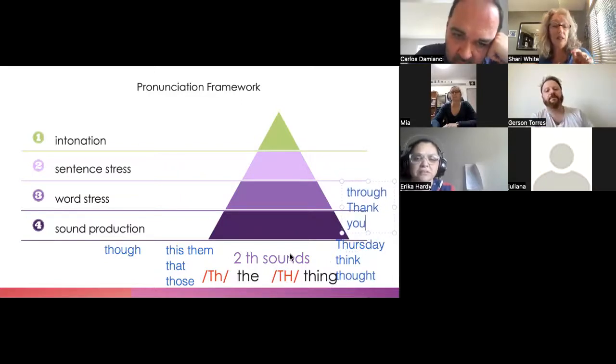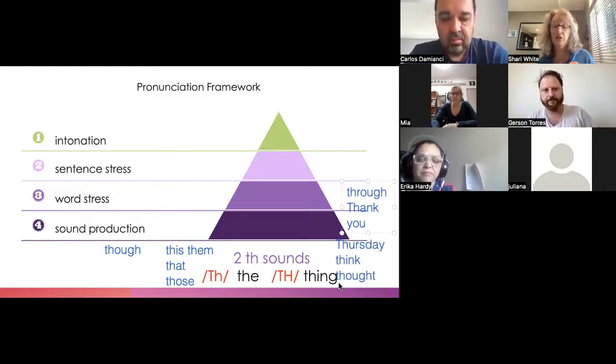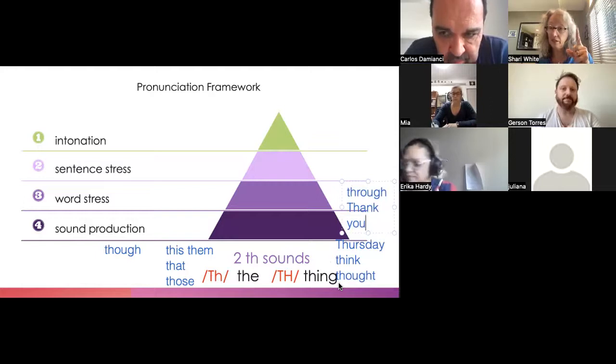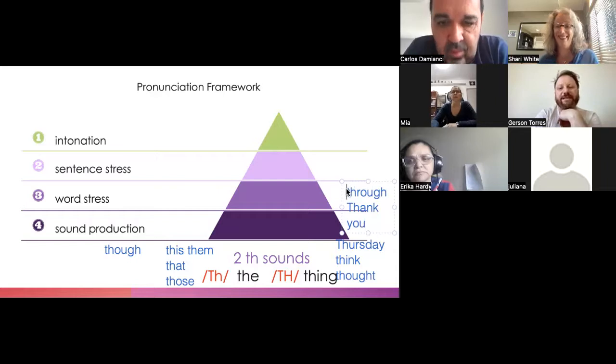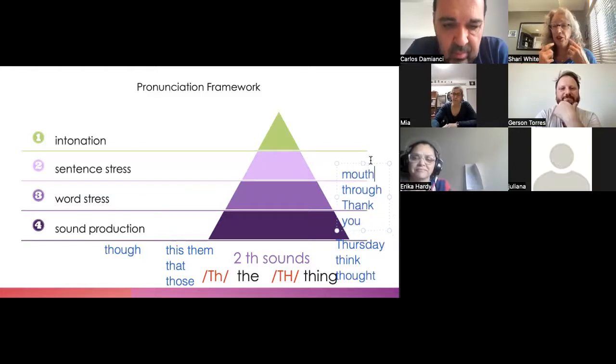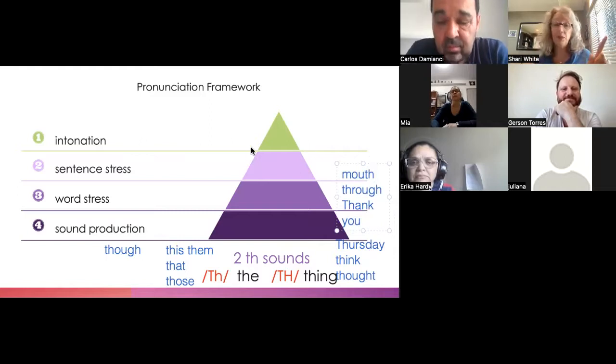And actually, interestingly, the difference between the sound on the left and the sound on the right, there's only one difference. The way you produce a sound is with your mouth and your tongue and your voice and your breath. You put those things together and you get a sound. The only difference between the sound on the left and the sound on the right is breath.